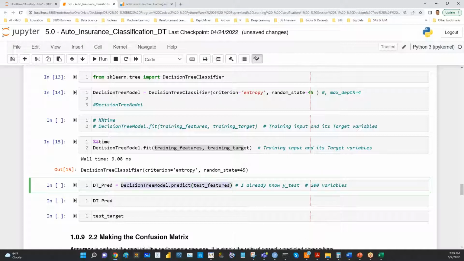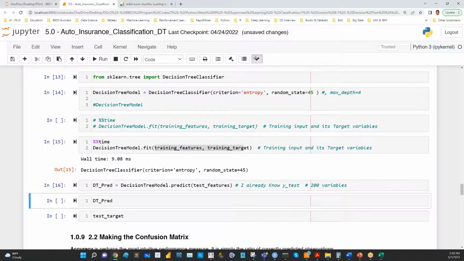And the dot predict function is going to make an attempt to create a column similar to the column that we hide, except that the column that we hide is what we have in the data, and the column that's going to be created is a prediction, an attempt to determine what would be the value. So let's do that, and whatever data that we have generated, we are going to store it in an object called DT pred, decision tree prediction.